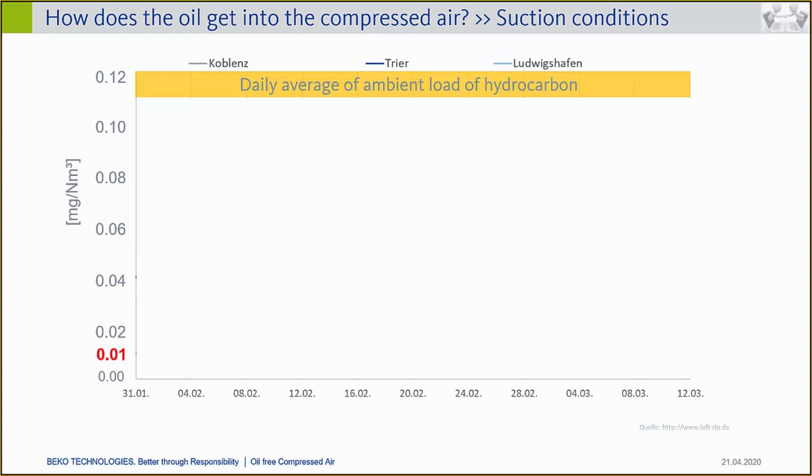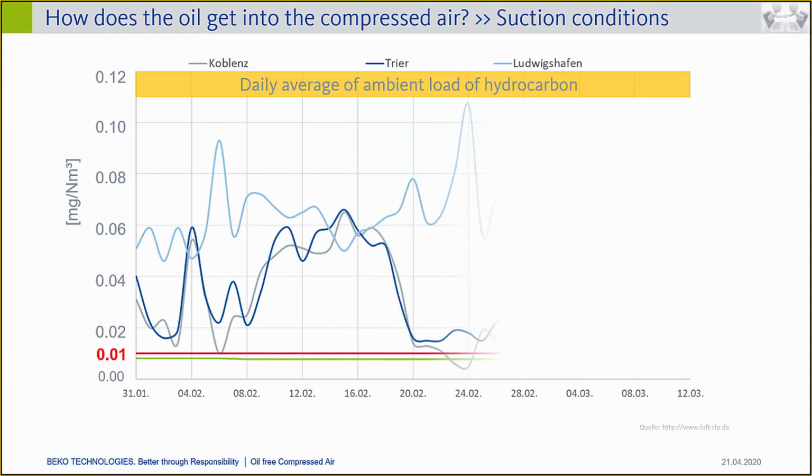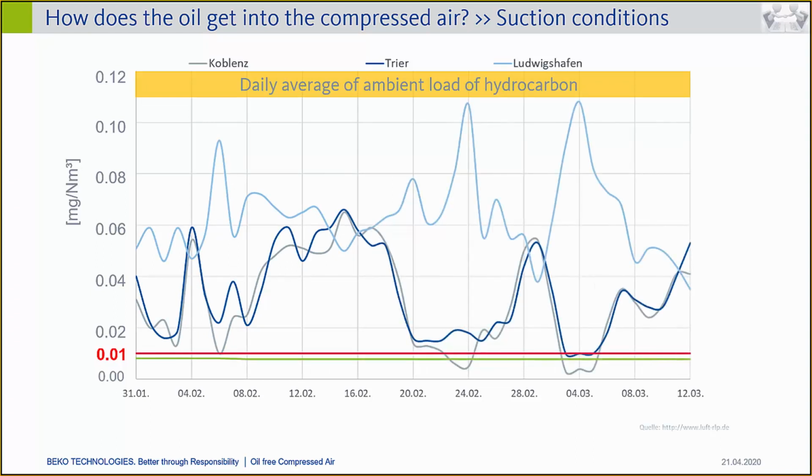Unfortunately, that's only in German. But you can pick areas where the ambient air is measured, and you can also pick what type of ingredient of the ambient air you would like to be displayed in the tables. And the result of these measurements is visible here on the graph.